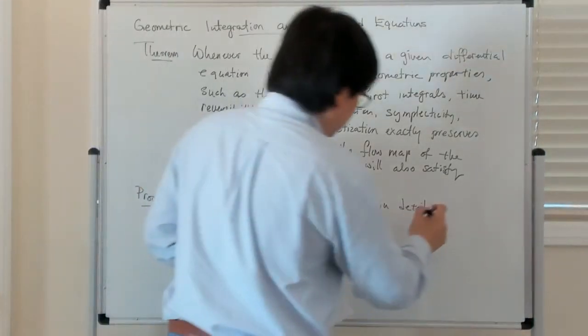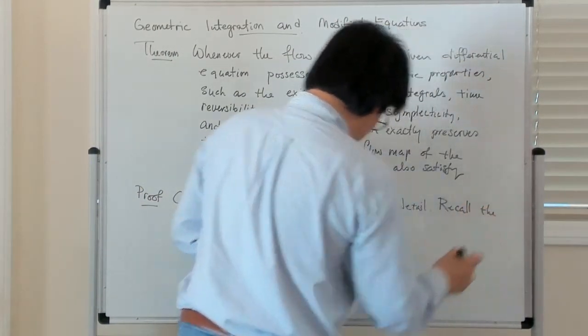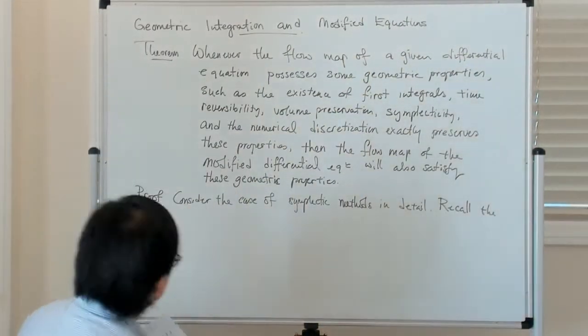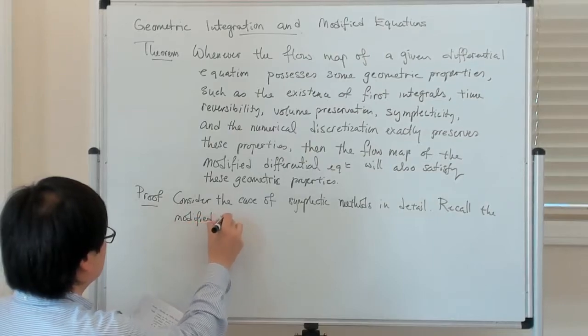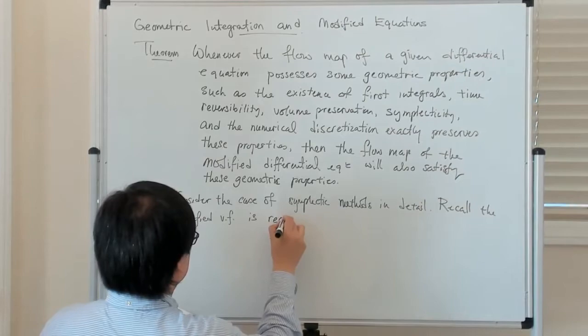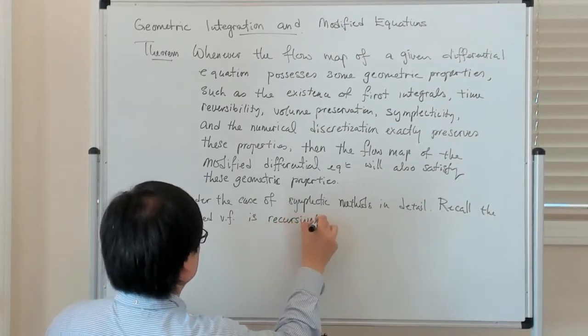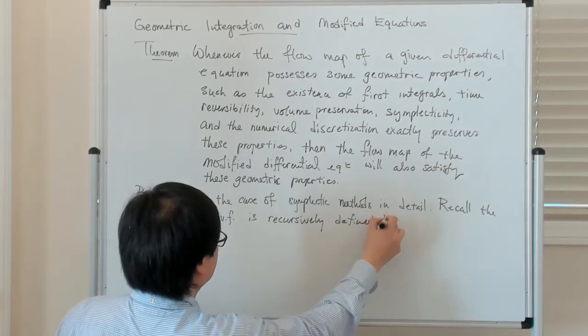So if you recall, the modified vector field can be recursively defined by the following.